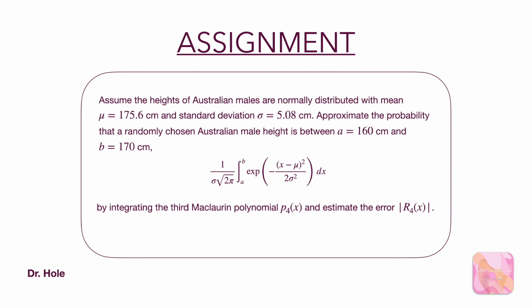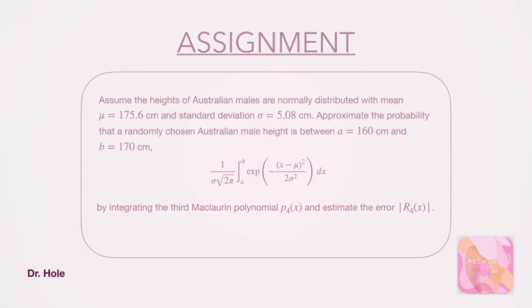What you want to do is make u-substitutions to bring back this definite integral in the form that we were looking at in our example, and plug away. Nice. And then finally, come up with the estimate on the error to give an indication of how good a value this P sub 4 is. Very nice.